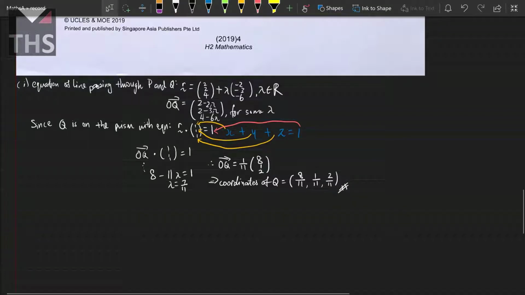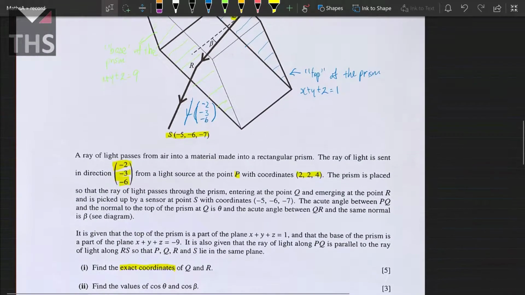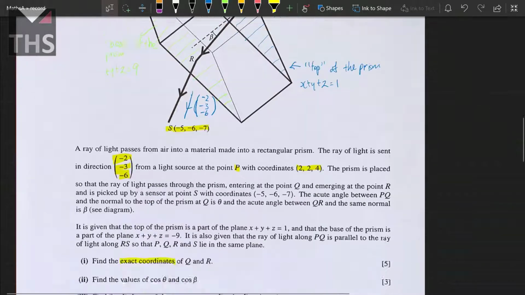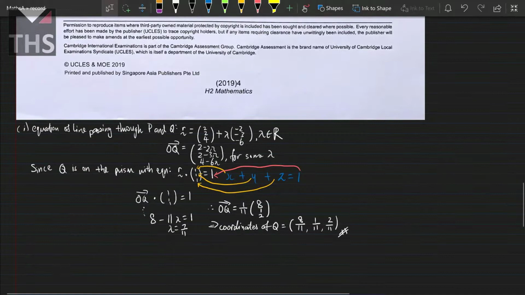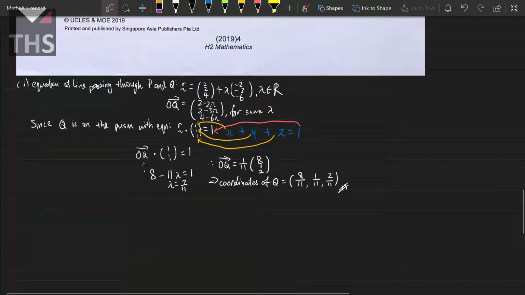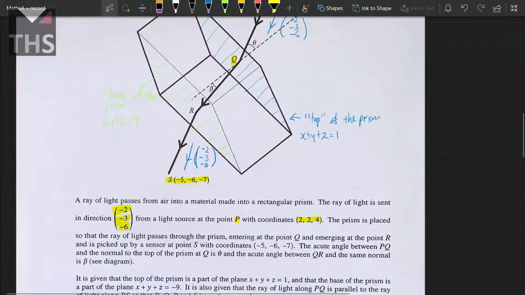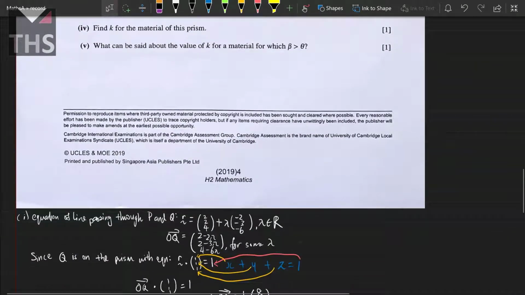Then we can do something similar for the other point that we need, which really means we are finding another line equation, vector equation for this line RS, and then we dot it with the base of the prism, this Cartesian equation, repeat the same thing, and we are going to get the coordinates of R over here, this one.